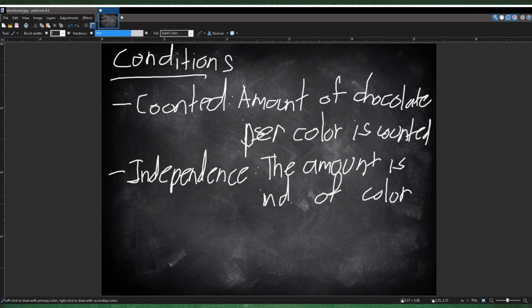Because just because you got a red chocolate this time doesn't mean you're going to get a red chocolate again. It's random. The question gave us that we took a random chocolate sample.